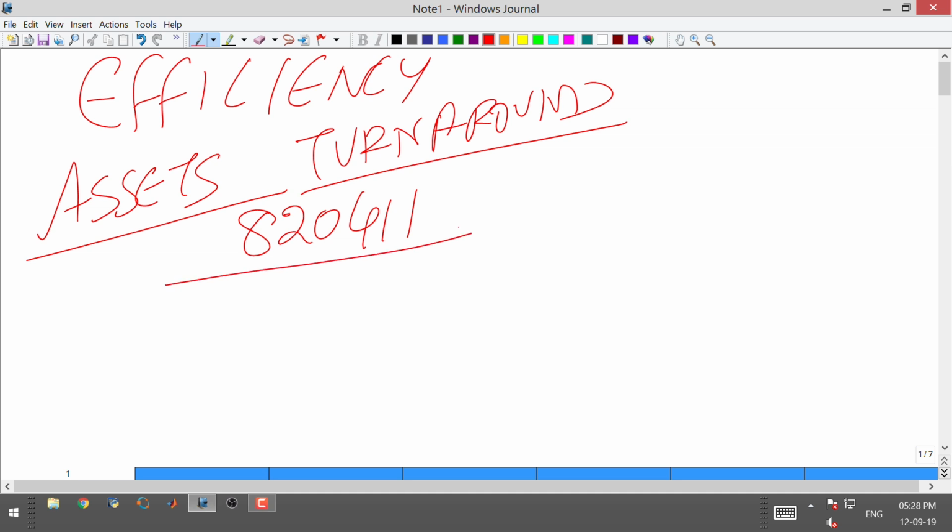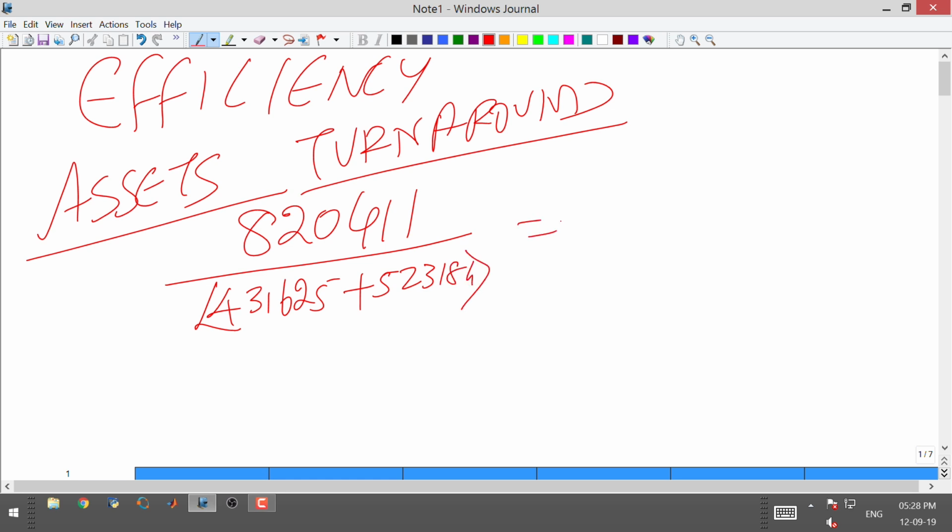When I say average fixed assets, like in the last examples, I am looking at the average of the opening and the closing fixed assets. The opening is 431,625 plus 523,184.